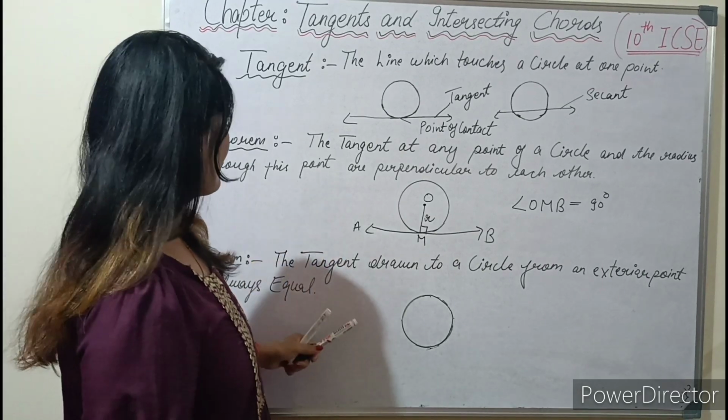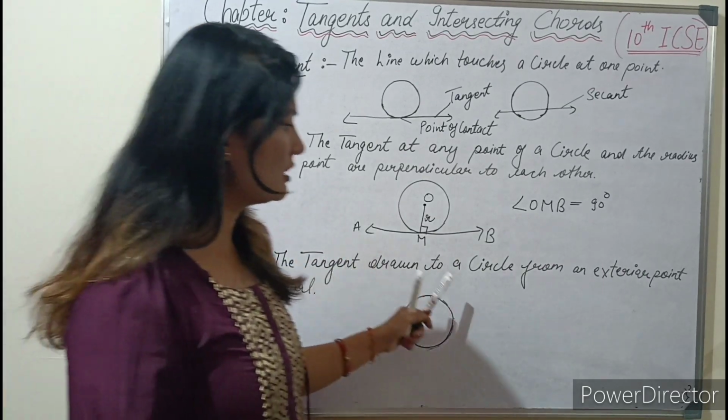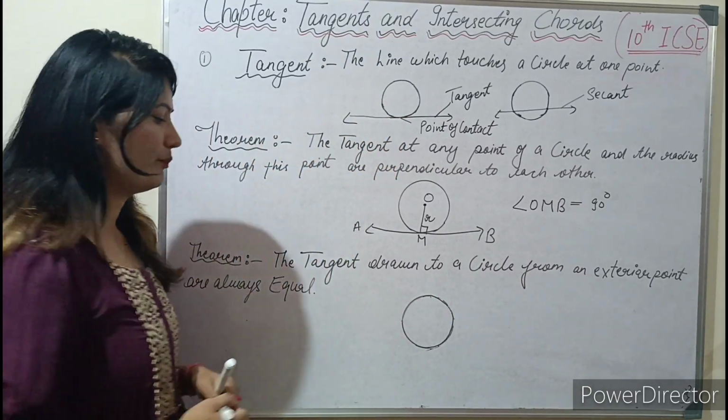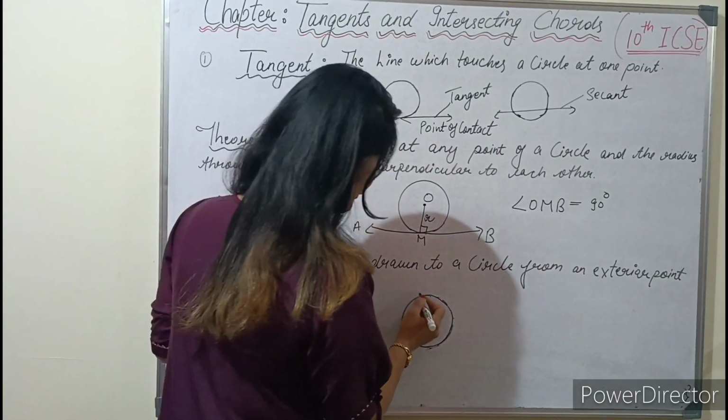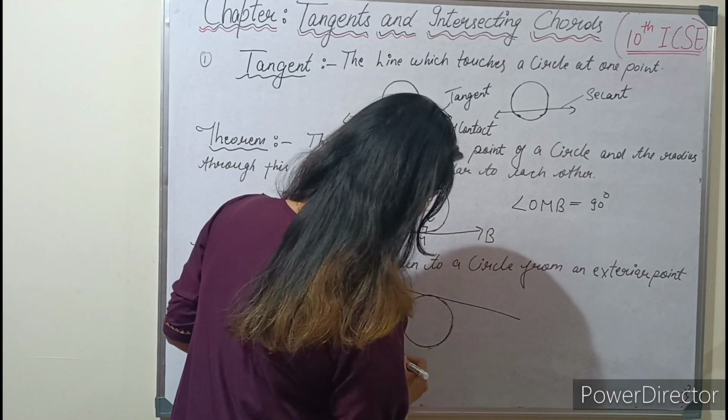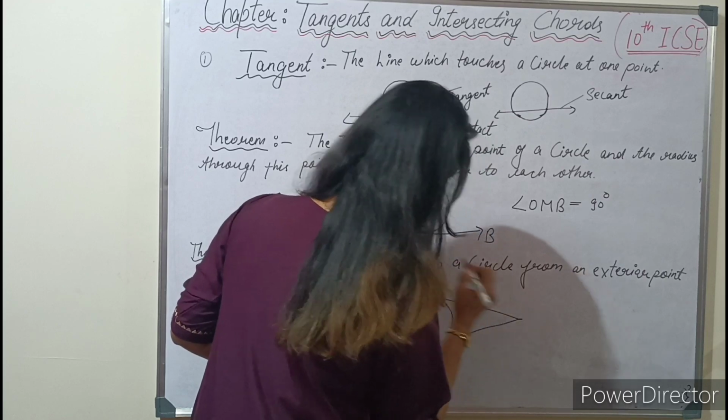Moving to the next theorem, the tangents drawn to a circle from an exterior point are always equal. So here if I draw two tangents, this is the first tangent and this is the second tangent.